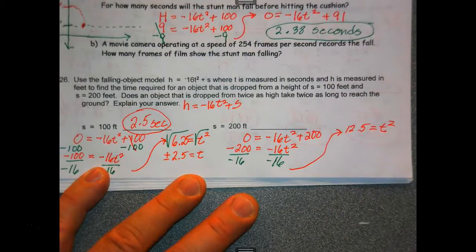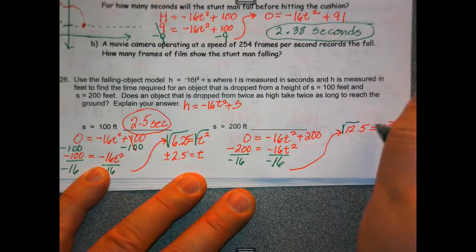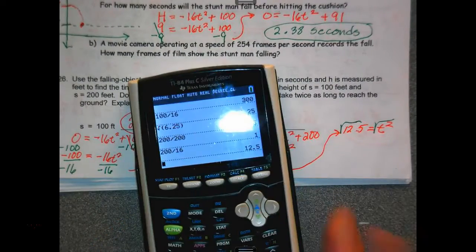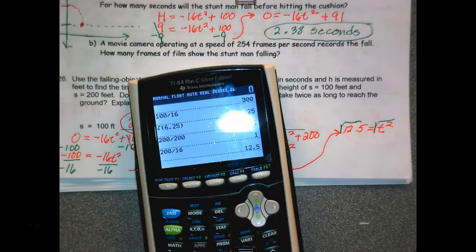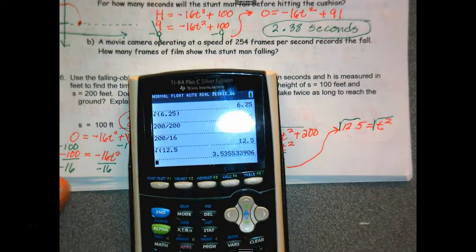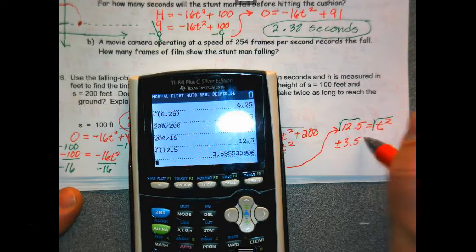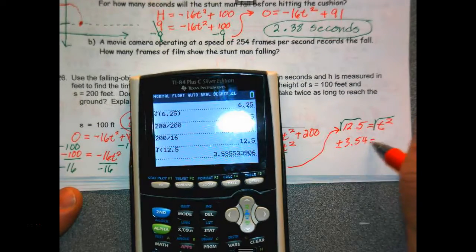Square root both sides. Square root of 12.5, and I get 3.54, which equals t.